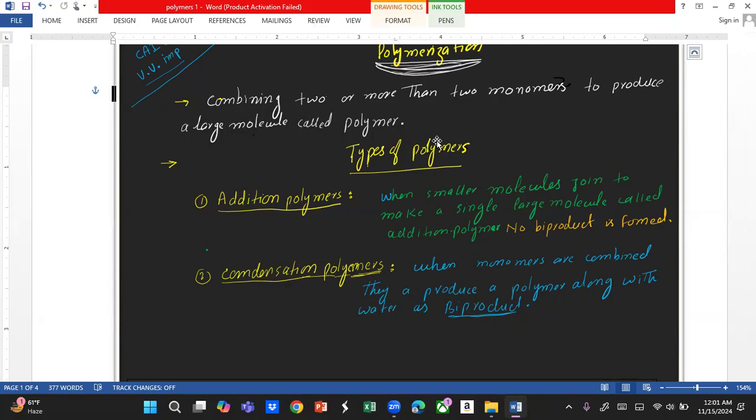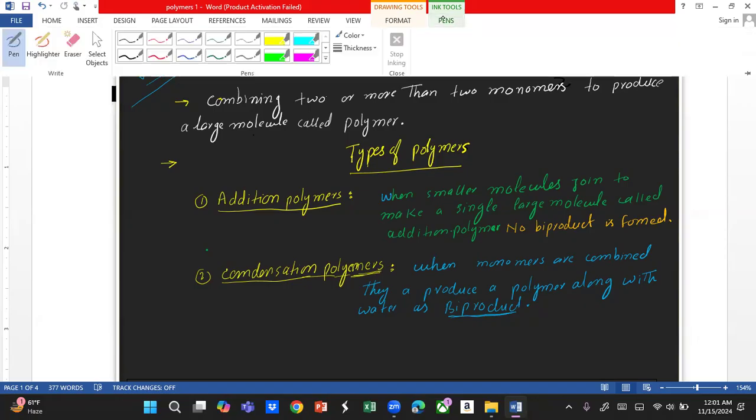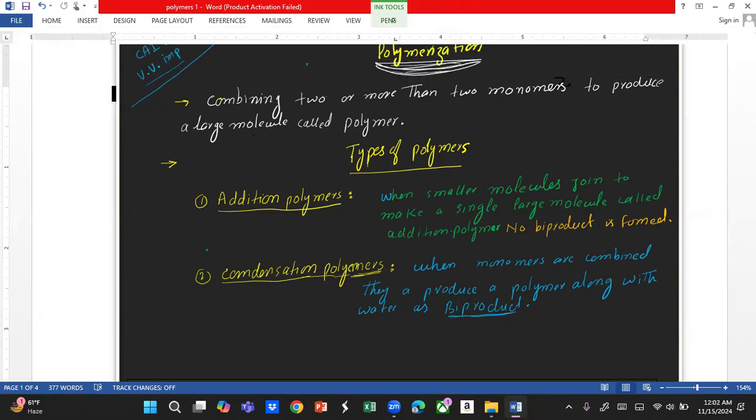I'm going to start with addition polymers, and then we will be doing condensation polymers. So let's start with what is polymerization. Polymerization is a process by which we combine smaller molecules to have larger molecules.